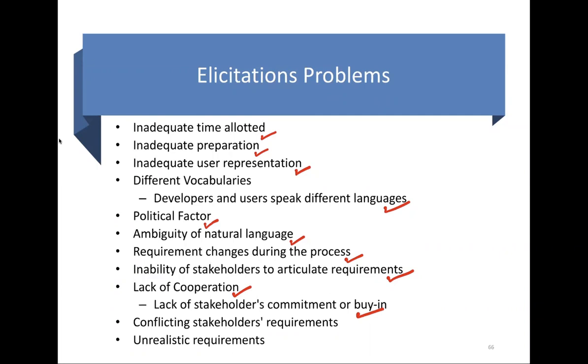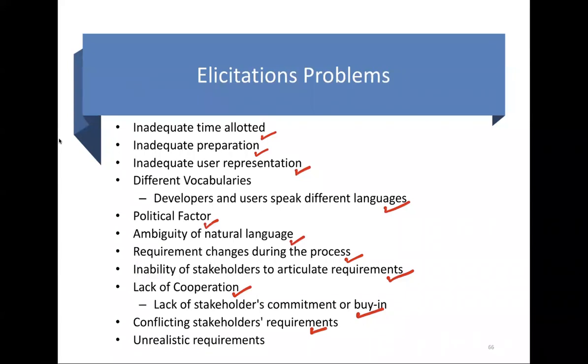Also, they might have conflicts between the stakeholder requirements. One stakeholder would like requirement A, another stakeholder would like requirement B, and A and B are conflicting. So maybe stakeholder A would like the throughput of the project not to exceed 20 seconds, and the requirement for stakeholder B is, as an example, for the throughput to be greater than 20 seconds.